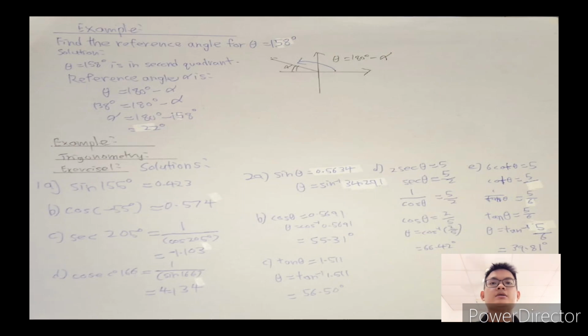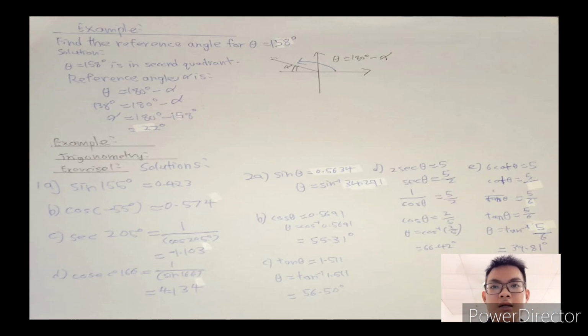The solution is 1 per cos 205 degree. The answer is negative 1.103.